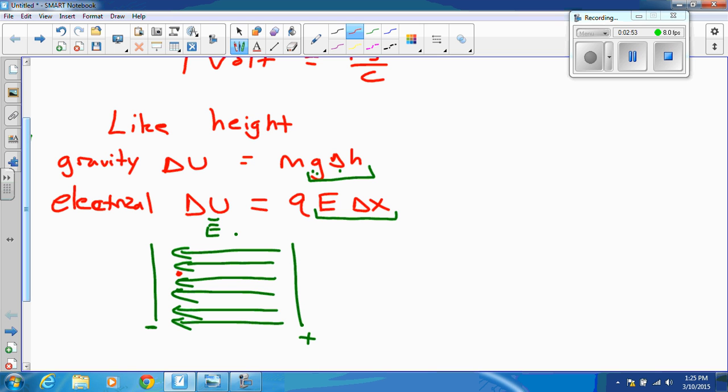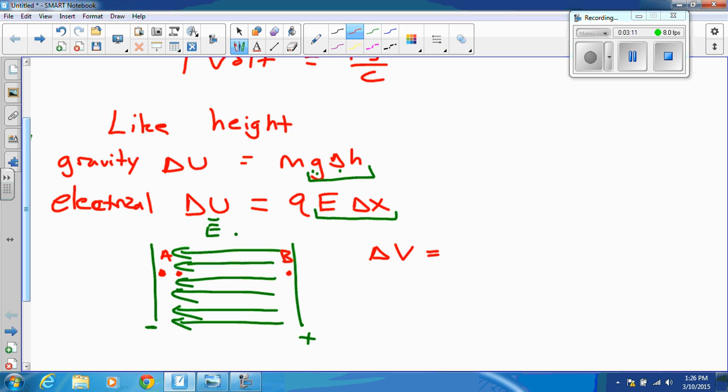And if I start all the way over here at point A, and go all the way to point B, what I'd like to know is what is the change in electric potential between point A and point B.